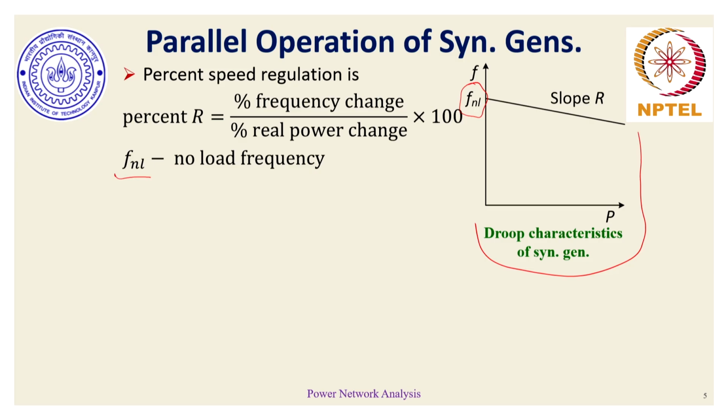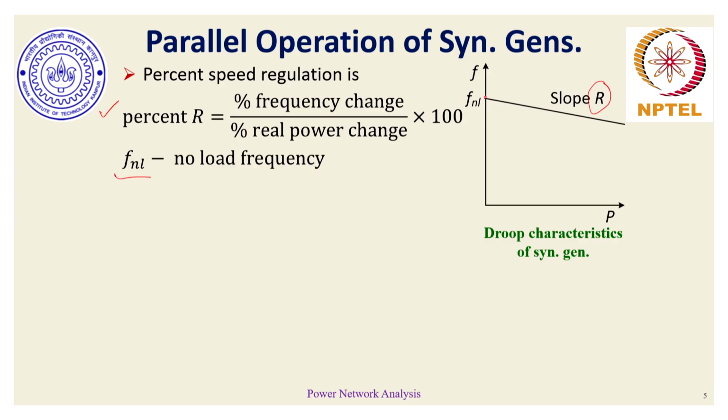So, in a way, if let's say I have to find the value of slope R as per this formula, what I can do is probably I can figure out two unique points on this droop characteristic. One such point is already available to me.